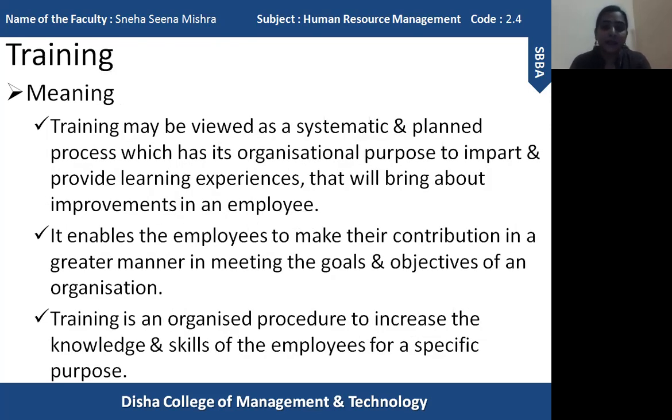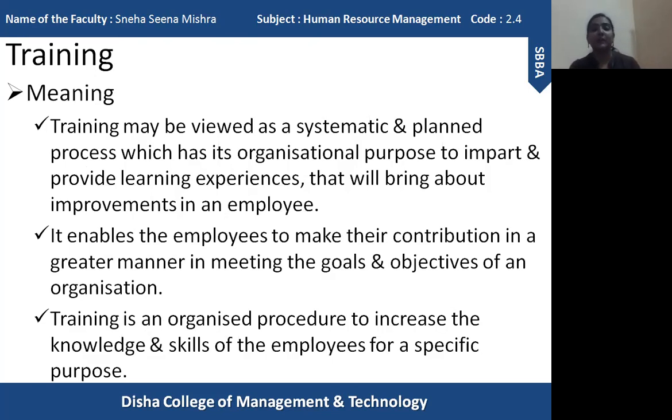So what is the basic meaning, specific meaning of training? See, like I said, training is provided for a particular purpose. That is, training is provided for a particular job. So we can say that training can be viewed as a systematic and planned process, which also has an important purpose for the organization. From the organizational point of view, also it is very important. And what is the basic element of training?